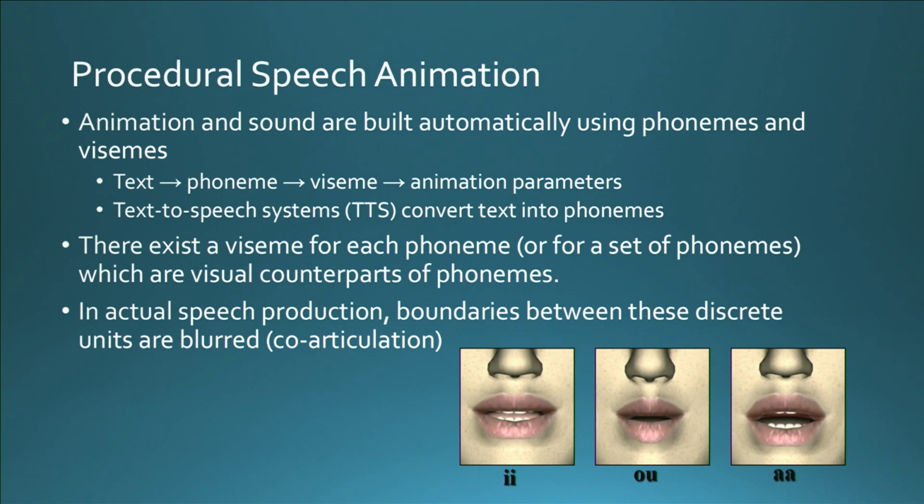It sounds easy, but in practice, it doesn't work that straightforwardly, because there's a phenomenon called co-articulation. When we are talking, these phonemes overlap and affect each other, as well as the rhythms. That's why it's quite difficult to capture realistic representations of lip-synchronized speech.